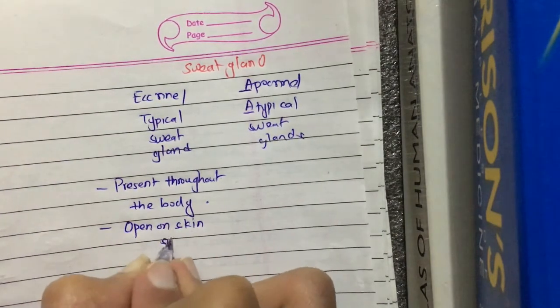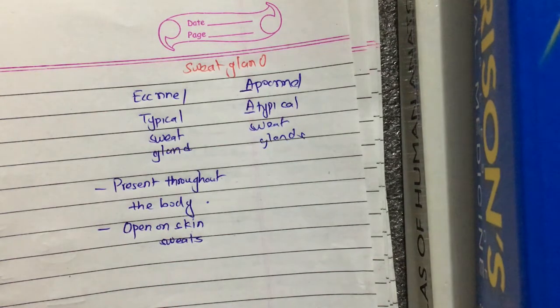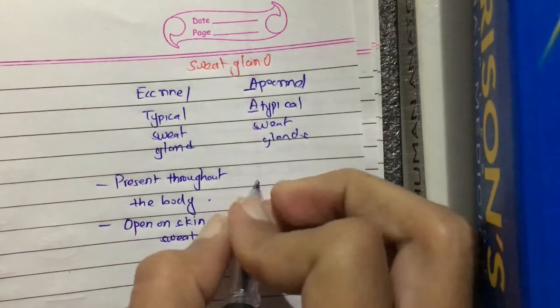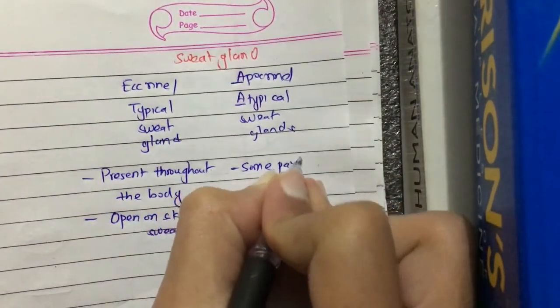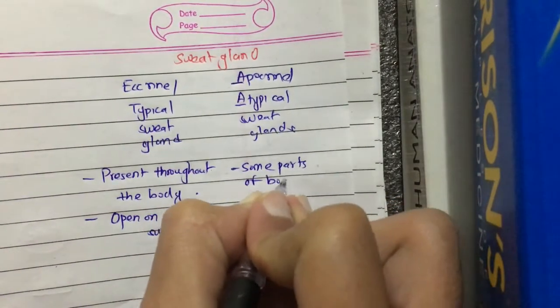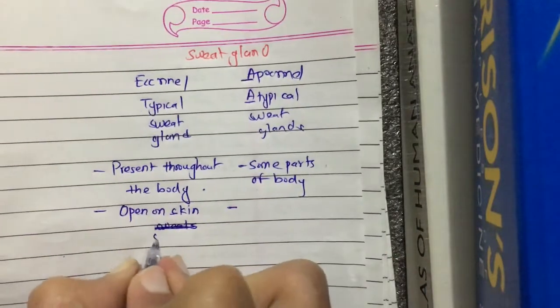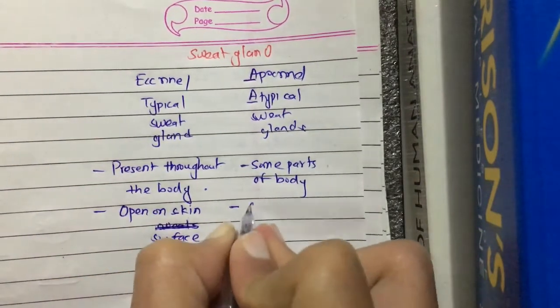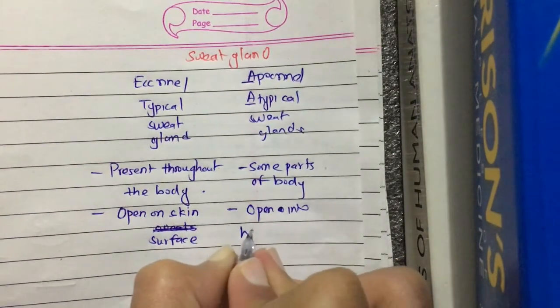All the sweat in our body comes through the eccrine glands. But the apocrine or atypical glands are distributed in only some parts of the body, and they do not open on the skin surface. They open into hair follicles.